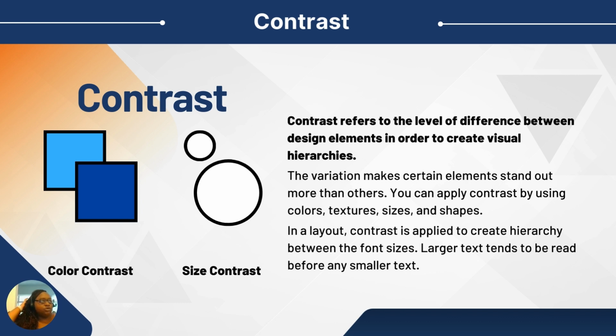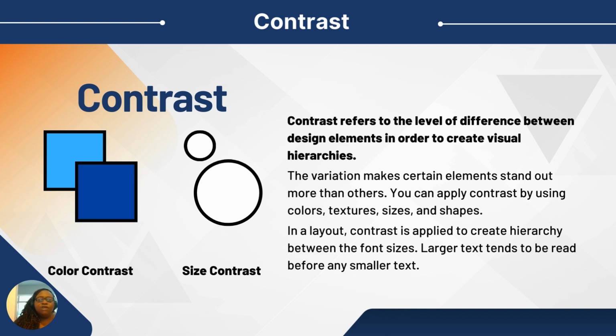A hierarchy is, for instance, like a typical family structure: you have the mom and the dad, then the children, and then the pets. If you look at a family tree, it's the great grandparents, then the grandparents, then the parents, then the children.